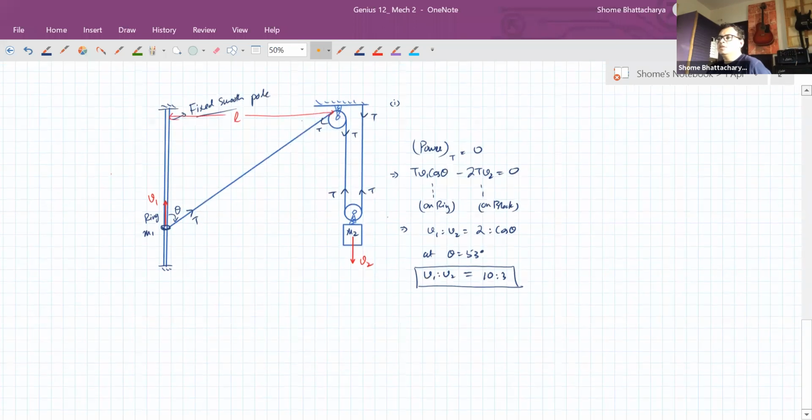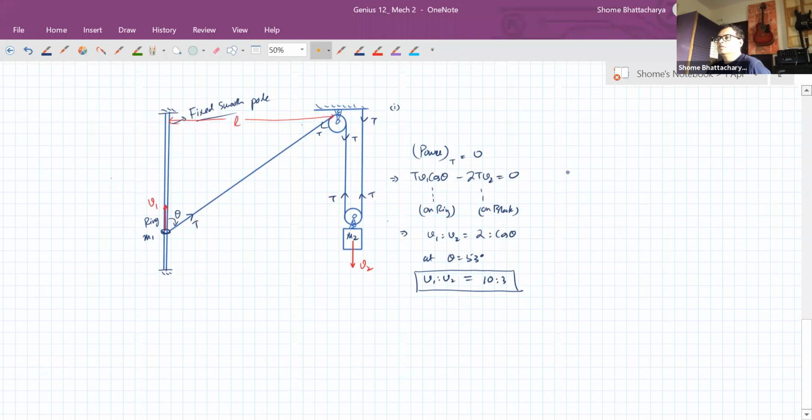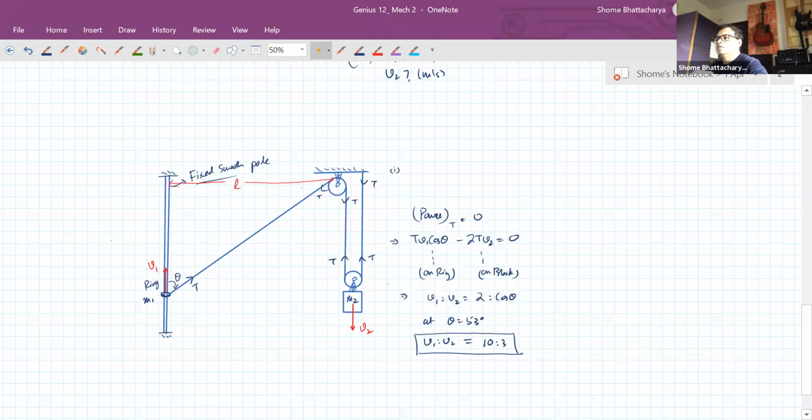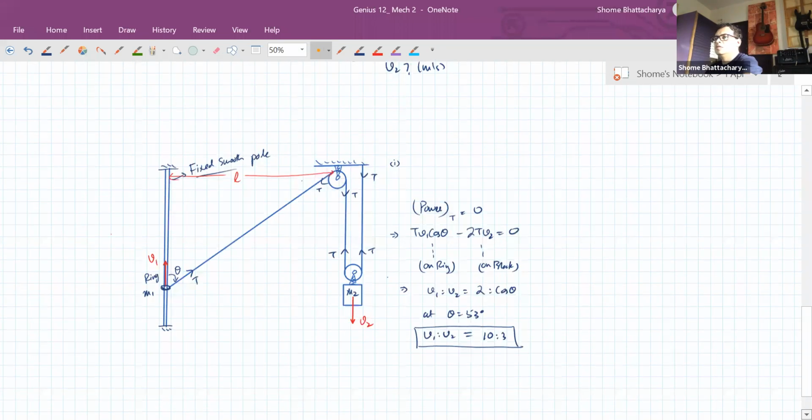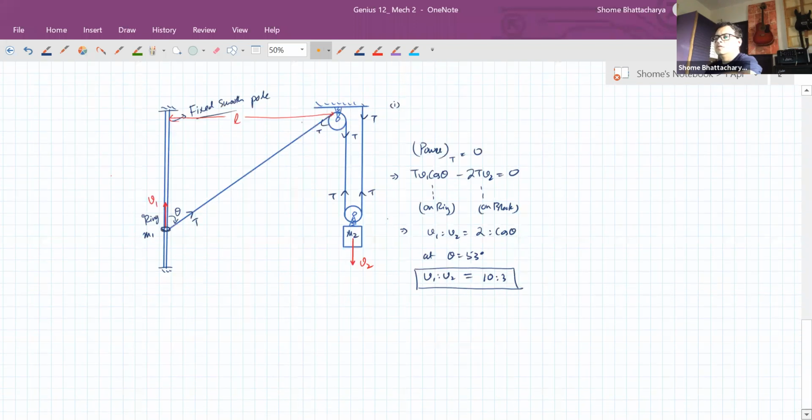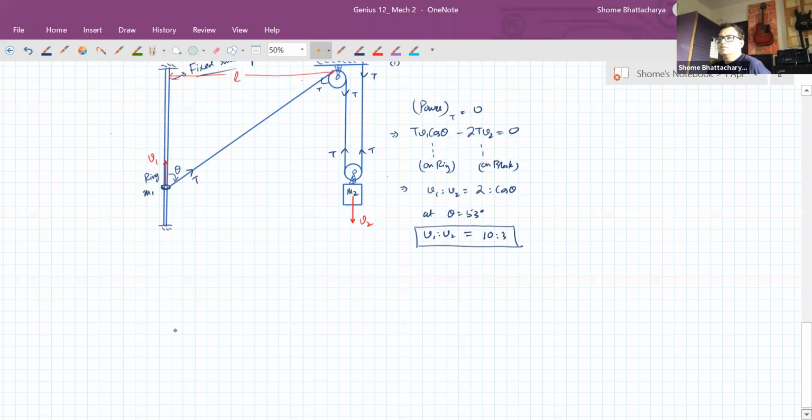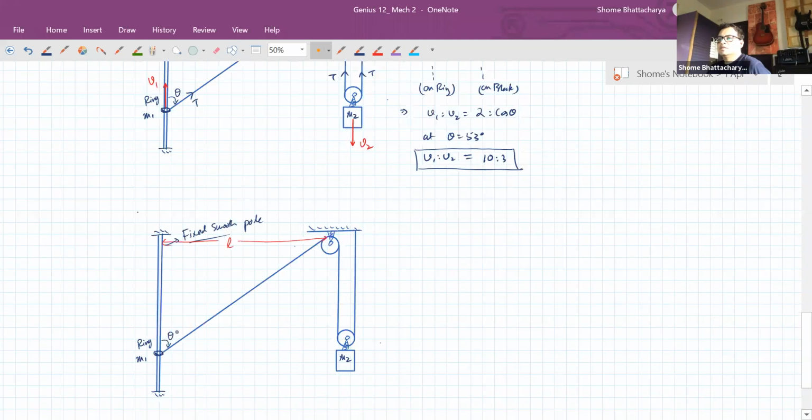Now the second part, you have to work out a little bit geometrically. So for the second part, let's say this is when theta is 53 degrees and this has got some speed v1, and this has got some speed v2.